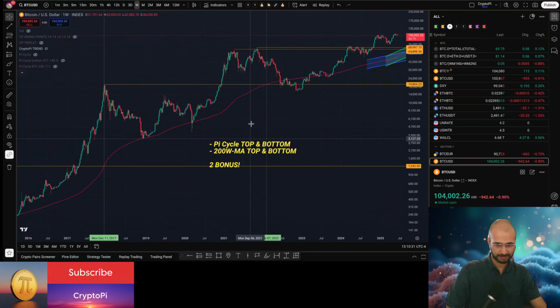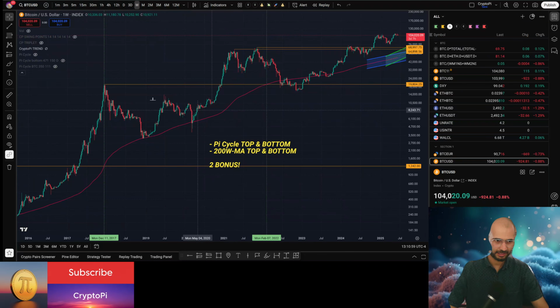The top, according to Pi cycle, happened on April 5th, 2021. The actual top, according to price action, happened in November 2021, and the 200-week moving average had a crossover with the previous cycle's all-time high on February 7th, 2022.